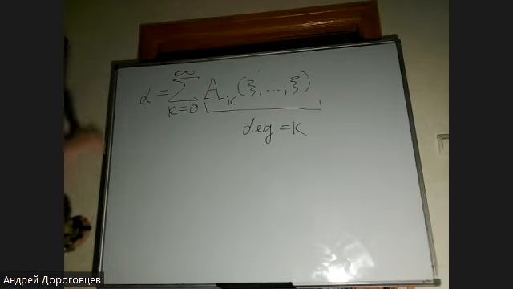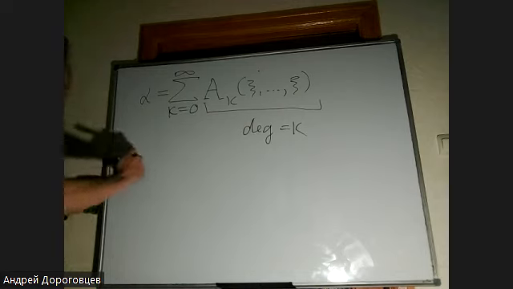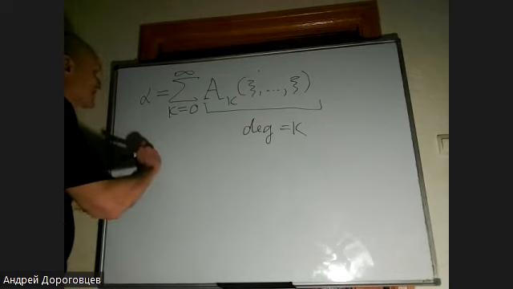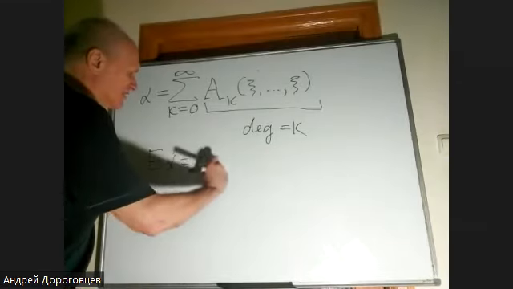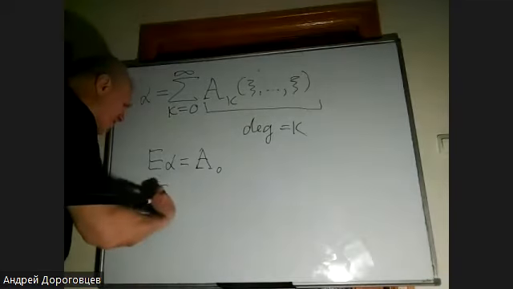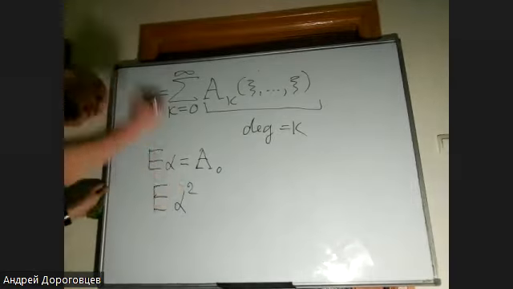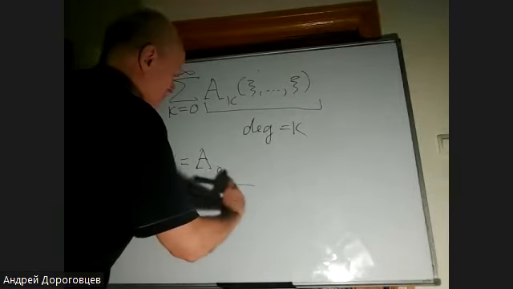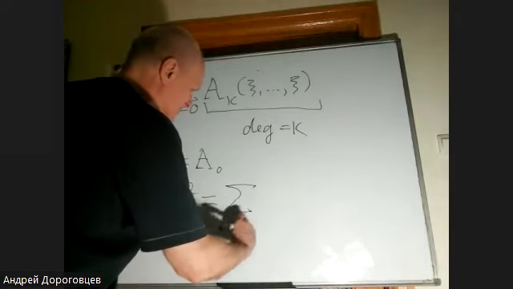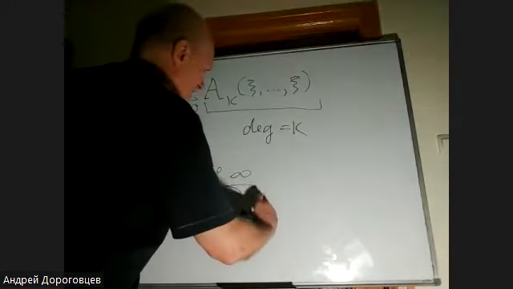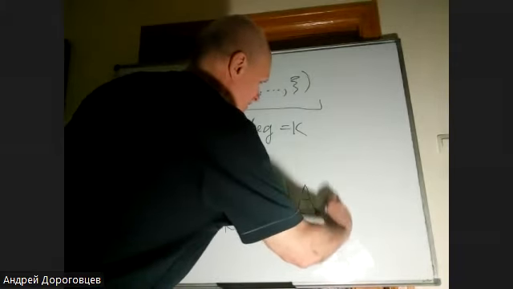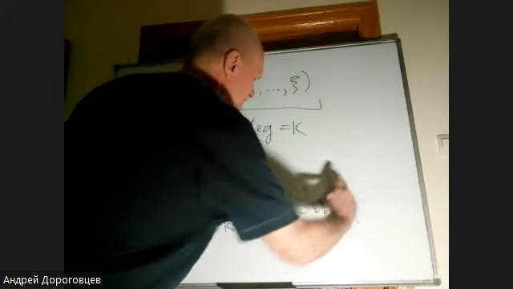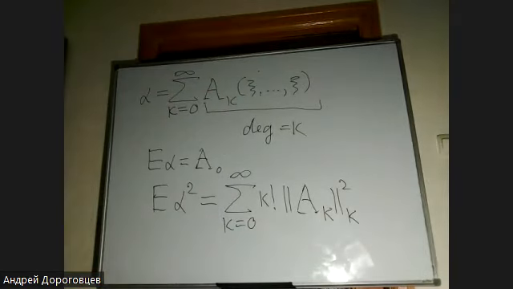And we prove that now the expectation of alpha, of course, is equal to A_0, just a number. The expectation of alpha squared, again because this is a limit, is equal to the sum from k equals 0 to infinity of k factorial times the norm of A_k squared.